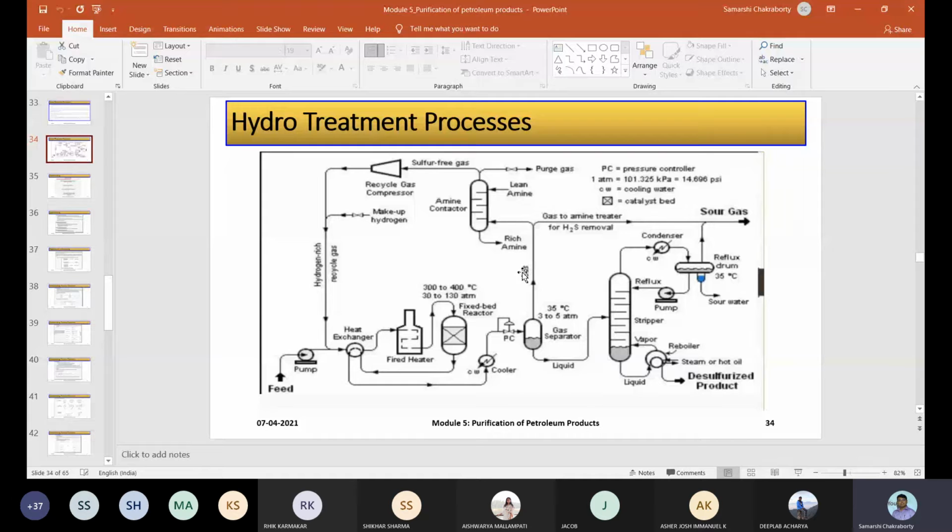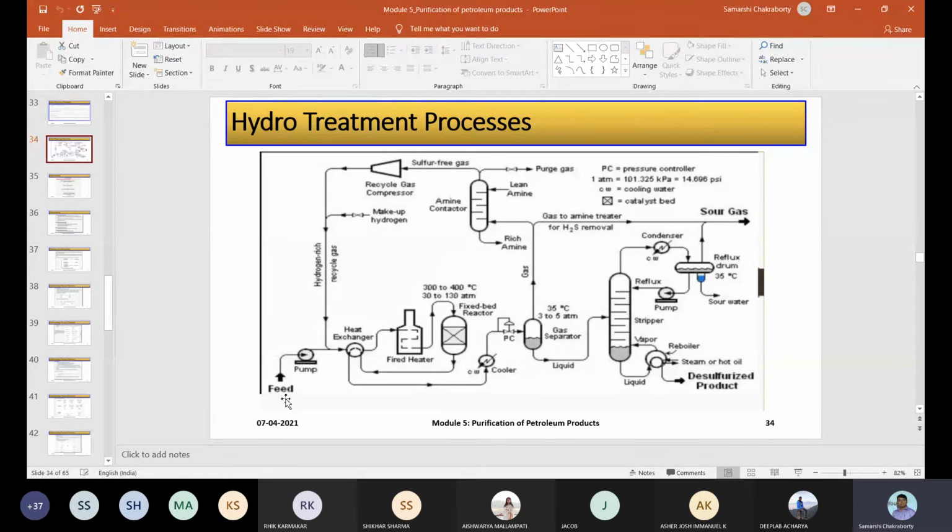So some of the hydrogen gas would remain unreacted, and this gas may also contain a little bit of H2S. That is why this amine treatment has to be done, in order to remove any sulfur from your hydrogen product.